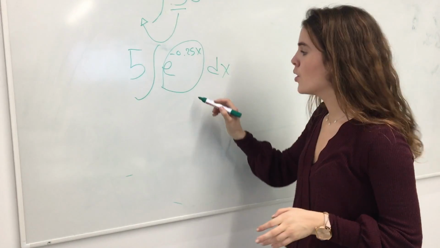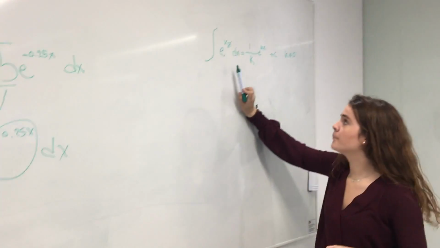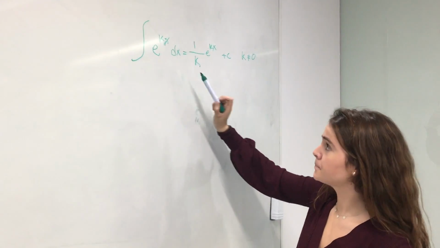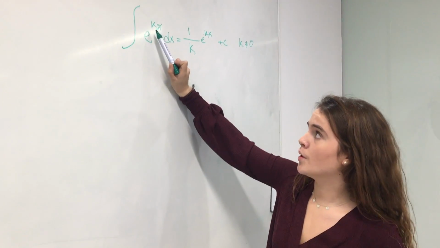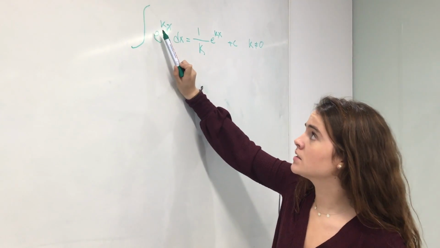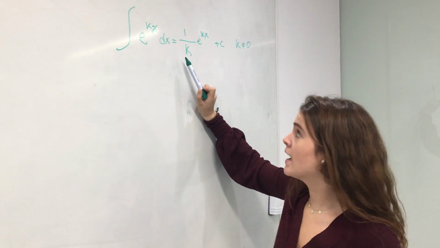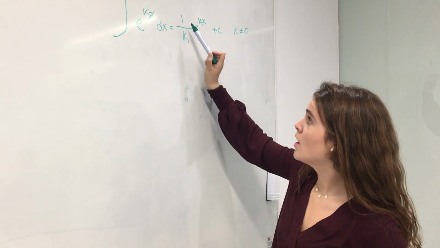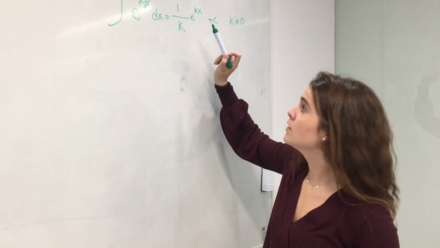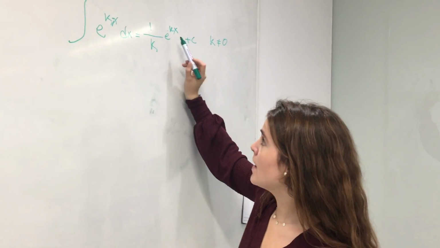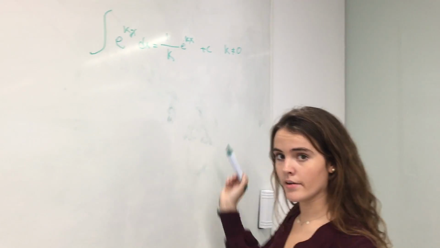In order to solve that, we have to look at this rule, which says that for e to the power of a variable times a constant, the integral of that is the reciprocal of that constant times e to the power of the constant times the variable.